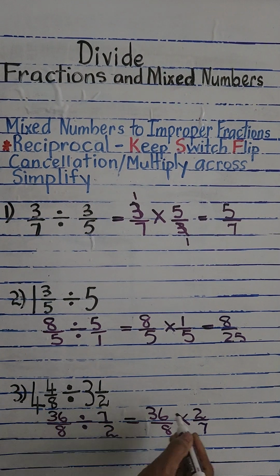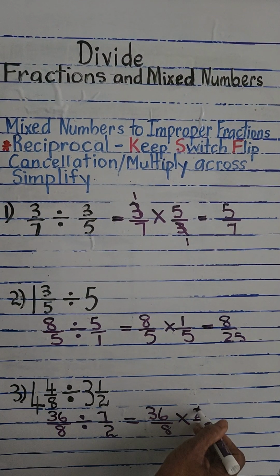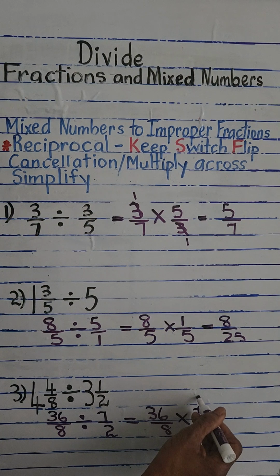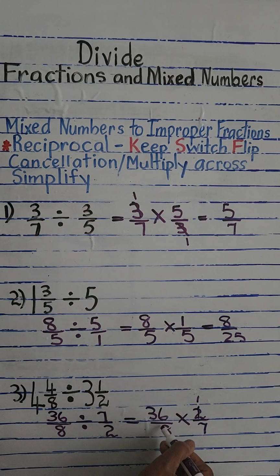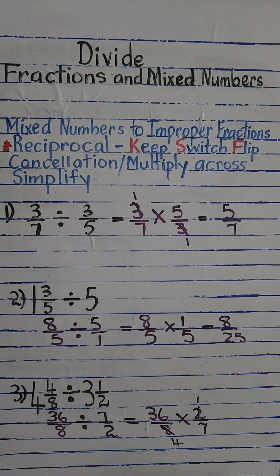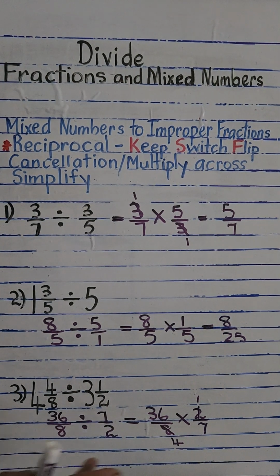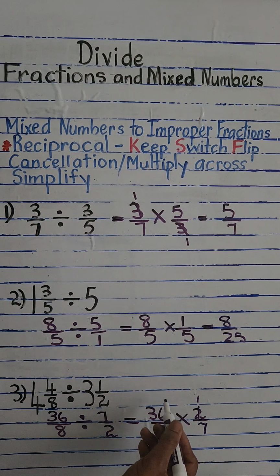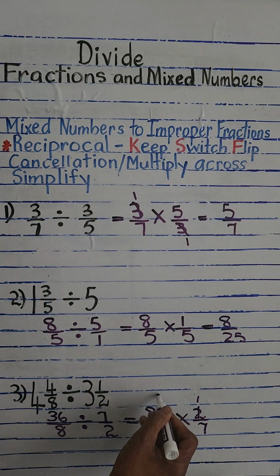So we have here 2 divided by 2, 1. 8 divided by 2, 4. And we also have 4 divided by 4, 1. And 36 divided by 4, 9.